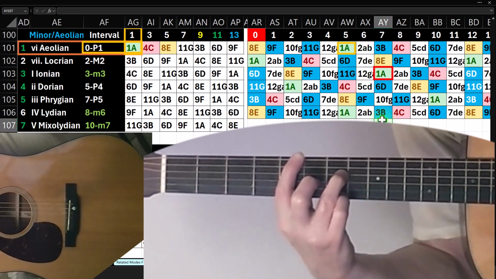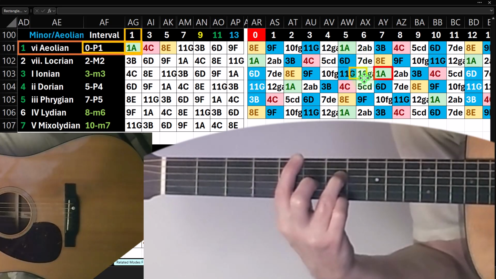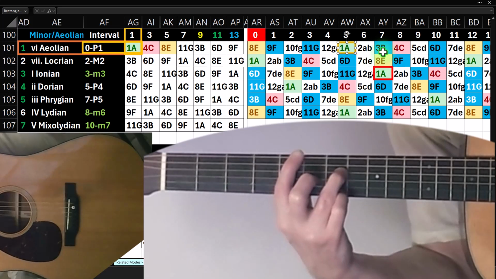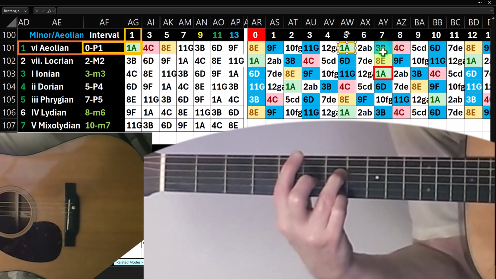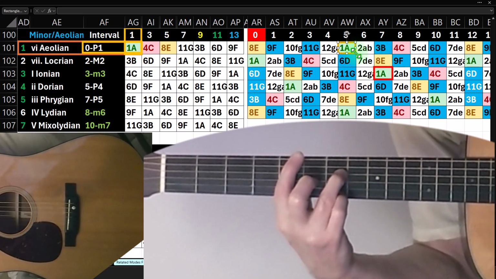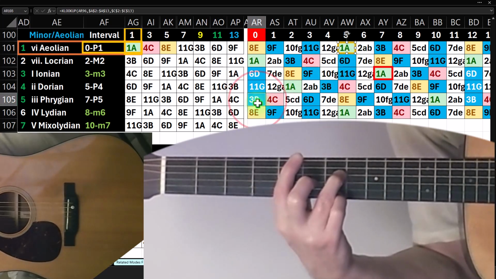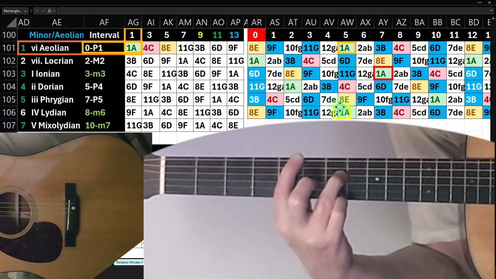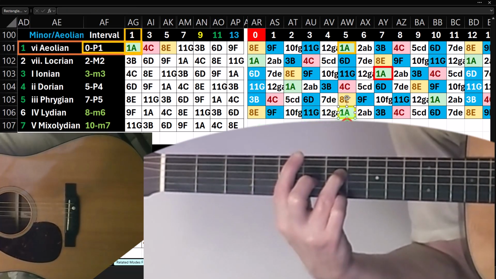Okay, let's go down a string and see what happens. Oh, wait a sec. So if I go up 2 strings, then the octave is always going to be 2 frets back unless I cross the fault line, which could happen on the B or the E string. Let's say we have this A, and we go up 2 strings.